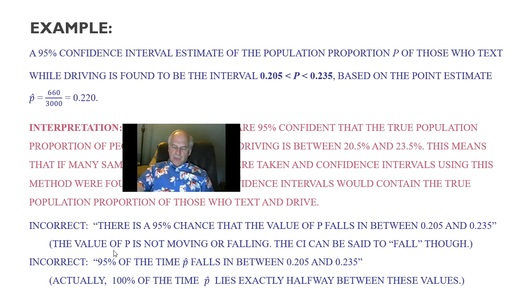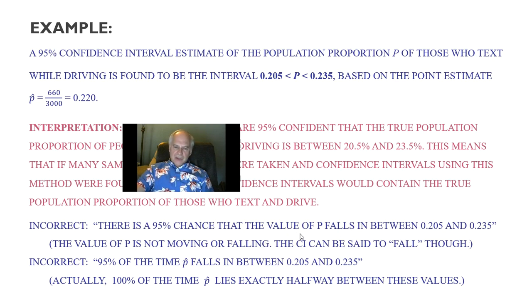So back to the PowerPoint. At the bottom of the slide, it gives some incorrect interpretations. There is a 95% chance that the value of p, the population parameter, falls in between 0.205 and 0.235. This is not correct because the population parameter does not fall.